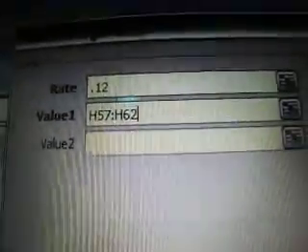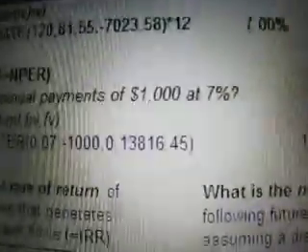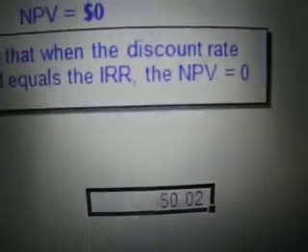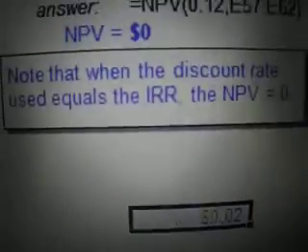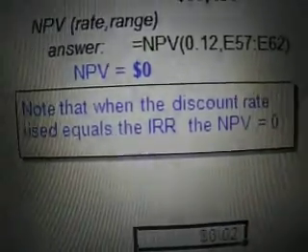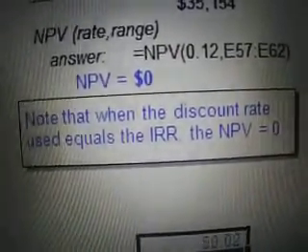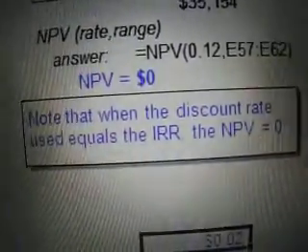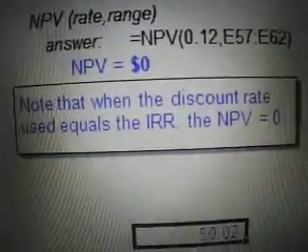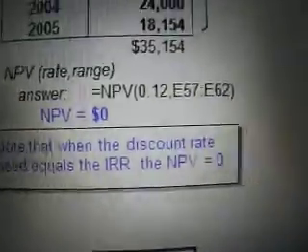Click on OK, and that is the value added, almost 0. So what we are saying here is that the overall cash flows, the investment, is equal to the total receipts, and the overall net present value is equal to 0.